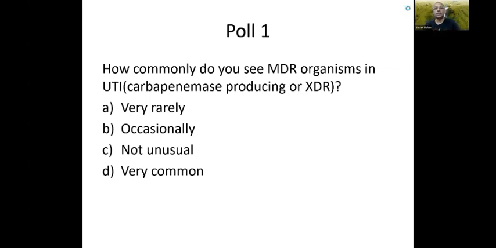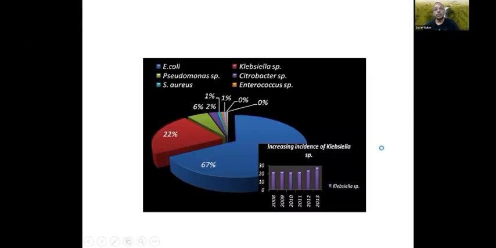So, your further clinical discussion. Sure. Just showing the epidemiology of UTI in a tertiary care hospital in West Bengal, where you can see E. coli is the most common organism seen, closely followed by Klebsiella, Pseudomonas, and Staph aureus infections.